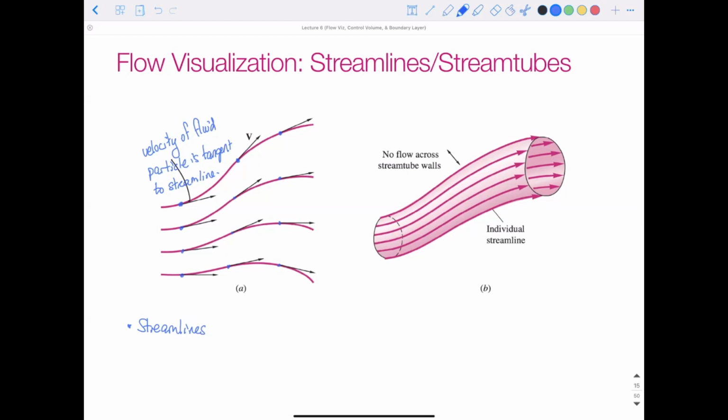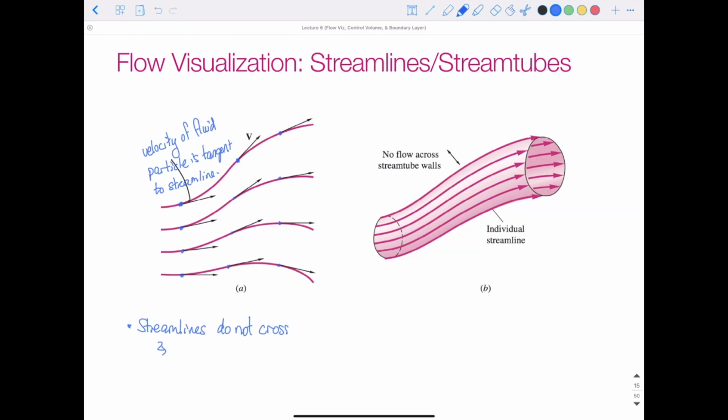If that's true, then we think about the properties of fluids. They can't have two particles of a fluid occupy the same space at the same time. So these streamlines can never cross. There's a unique velocity at every single point in space.